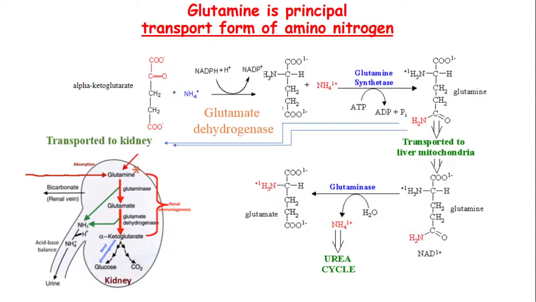In liver, it can be used for urea synthesis immediately. Urea after this will be excreted by kidney. In kidney, free ammonia is directly released and excreted, used for the regulation of acid-base balance.